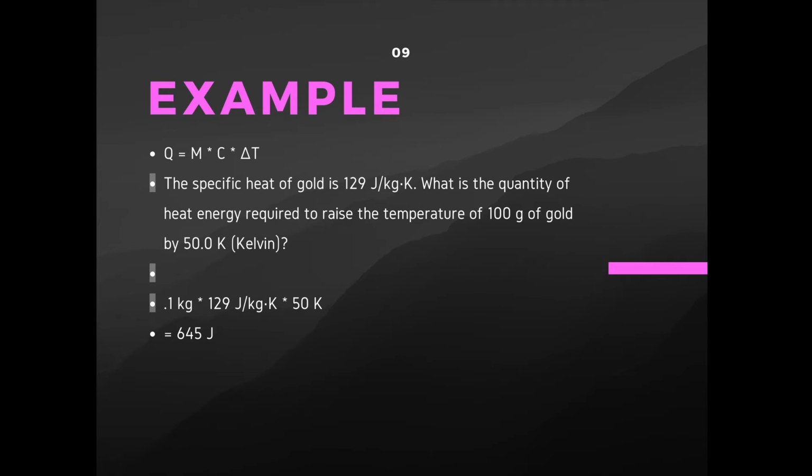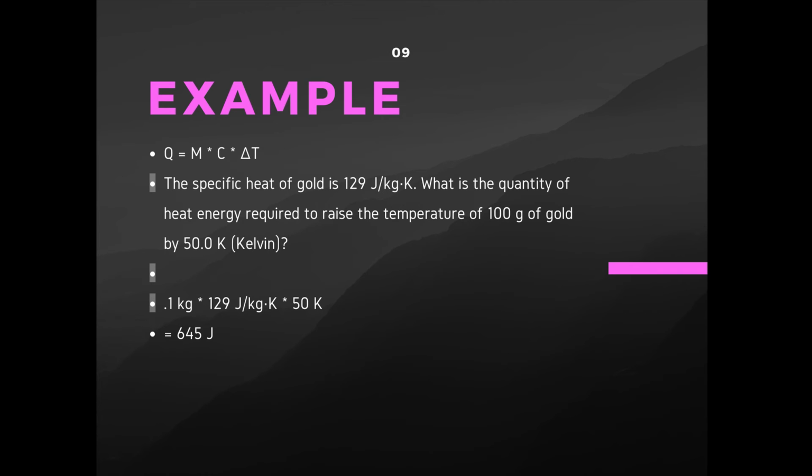An example would be, the specific heat of gold is 129. What is the quantity of heat energy required to raise the temperature of 100 grams of gold by 50 degrees Kelvin? You would take the 100 grams of gold and convert them into kilograms, and that would equal 0.1 kilograms of gold.